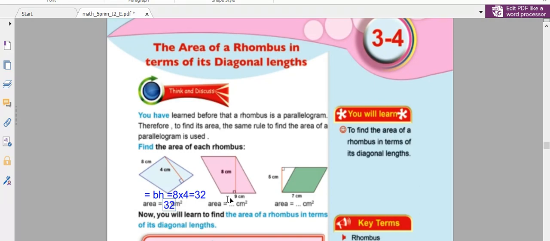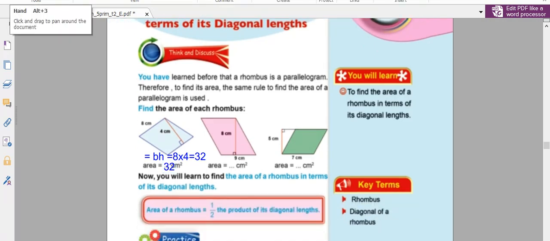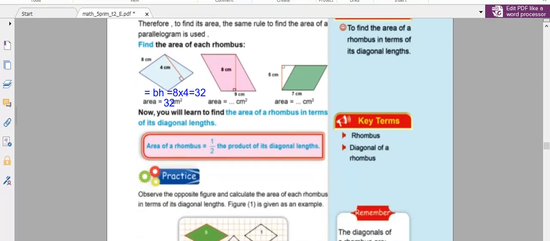So let's start today's lesson with the area of a rhombus in terms of its diagonal lengths.